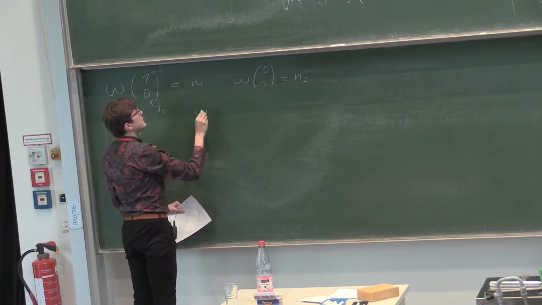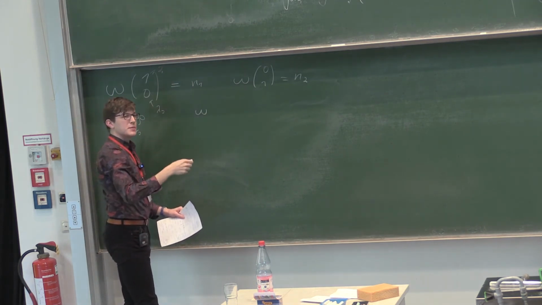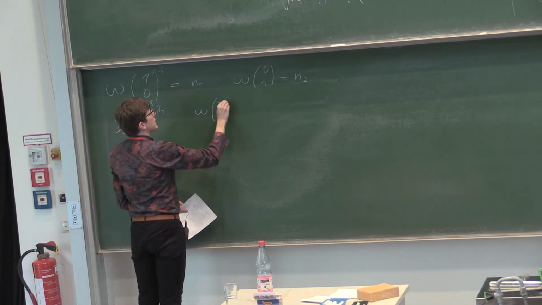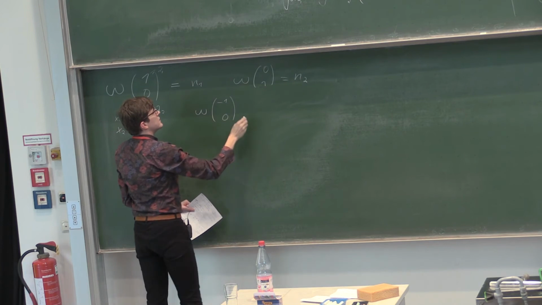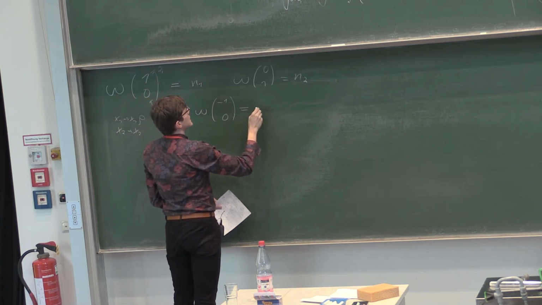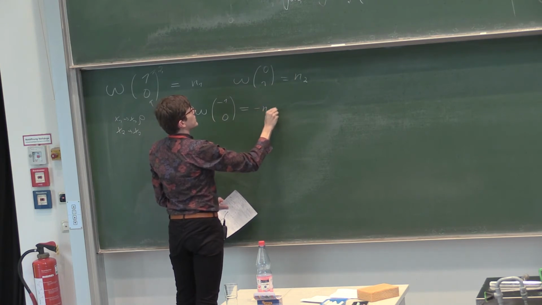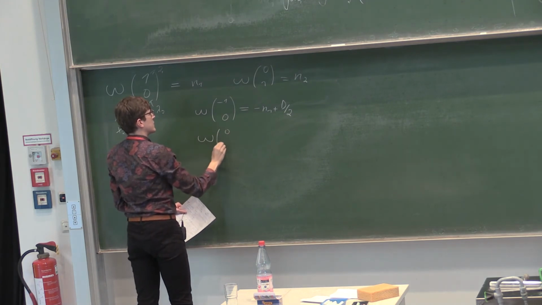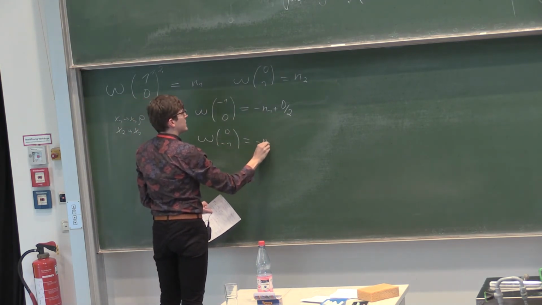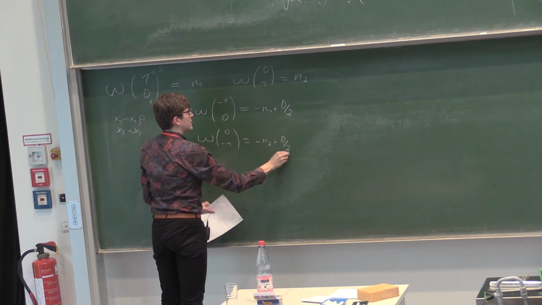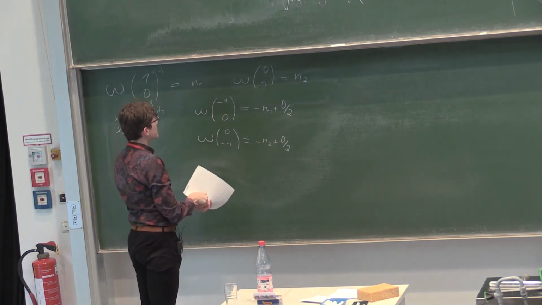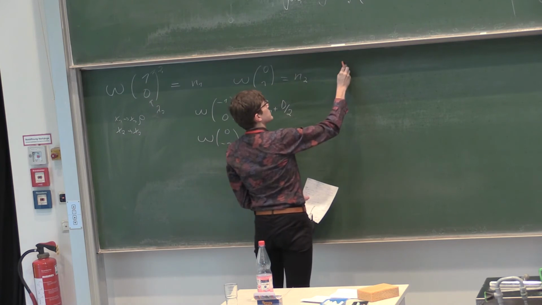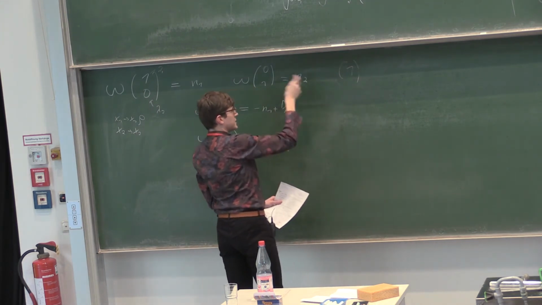Now we also did send things to infinity, which is the same as scaling them by 1 over rho and sending rho to 0. So these other conditions, so this here is minus n1 plus d over 2. Yeah, so the first line here, these are the conditions 1, that these are positive.